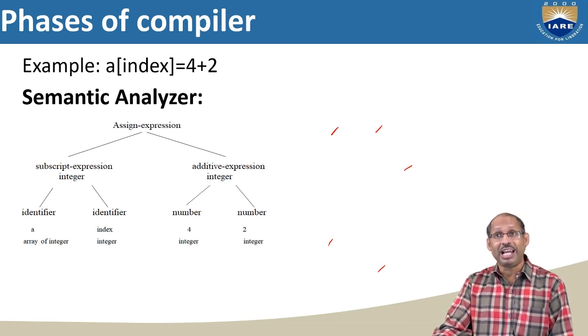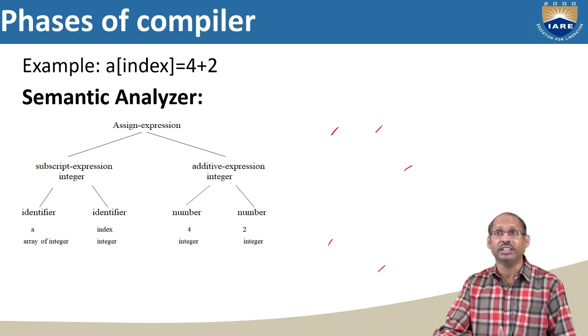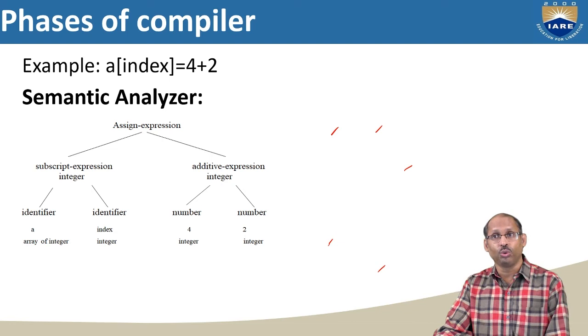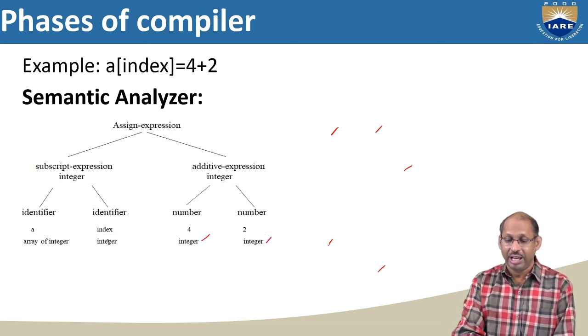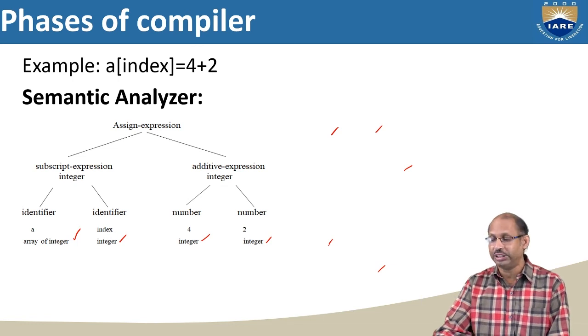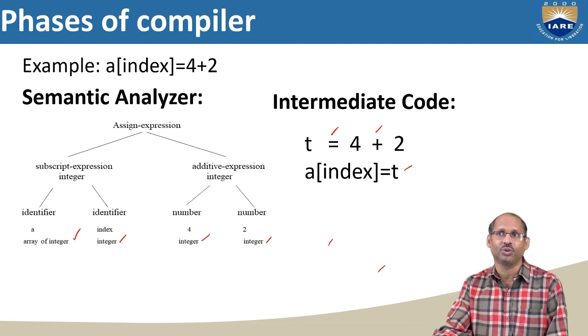If the types of all the operands are matching, then it properly passes to the next phase. Here 2 is an integer, 4 is an integer, and index is an integer, then the array is an integer type. So it verifies and passes to the next phase, intermediate code.